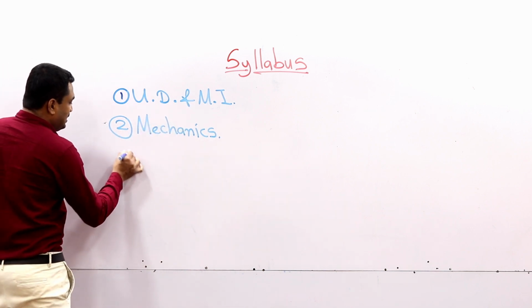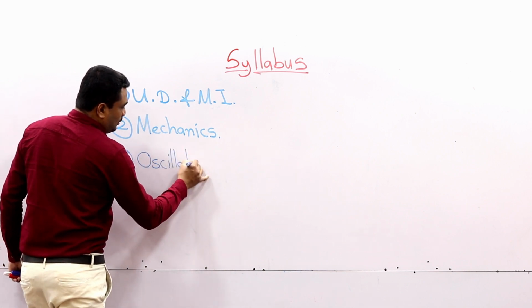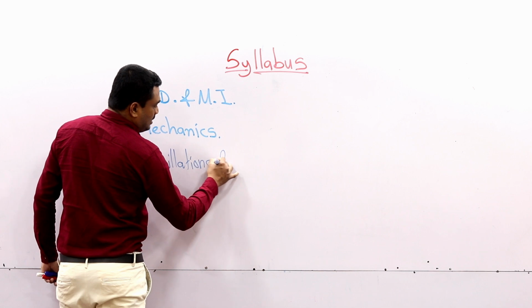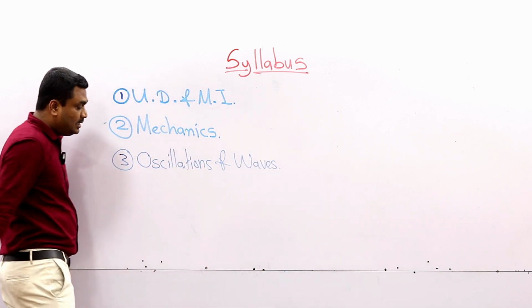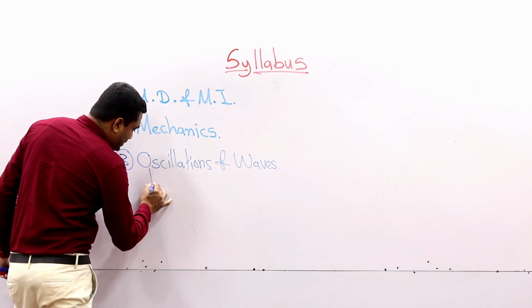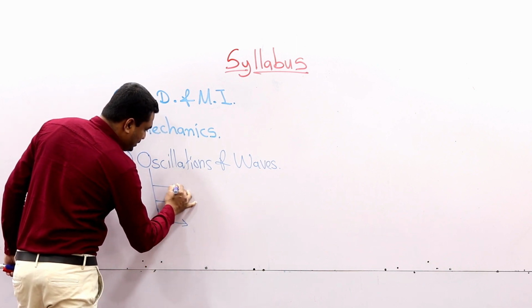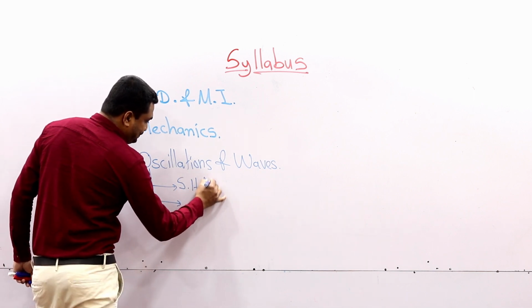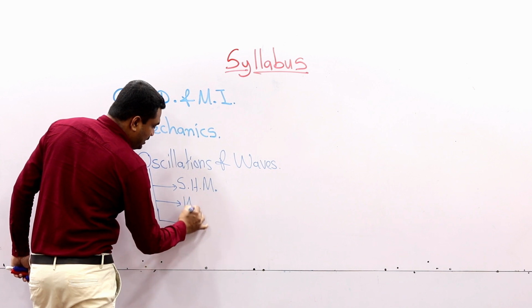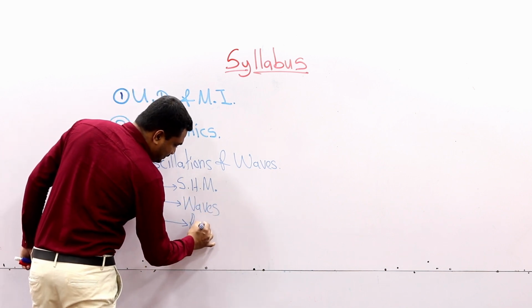The third lesson is oscillations and waves. Right? The oscillations and waves lesson is a combination of three major sections. They are simple harmonic motion, mechanical waves, and ray optics.